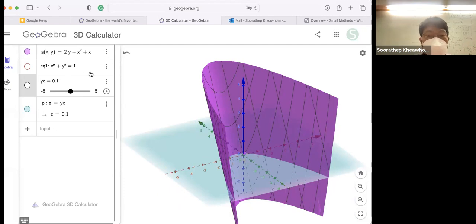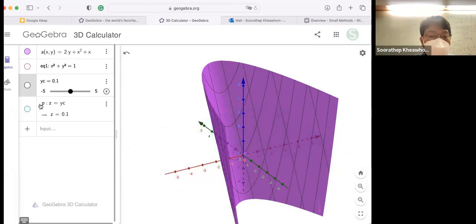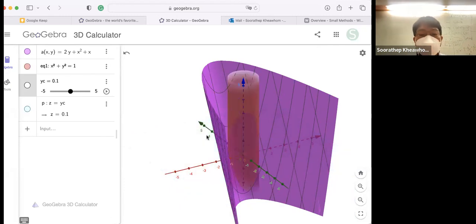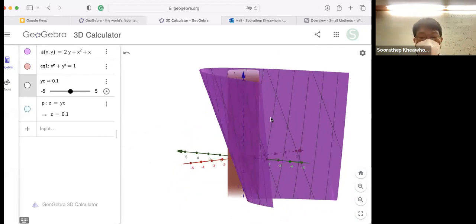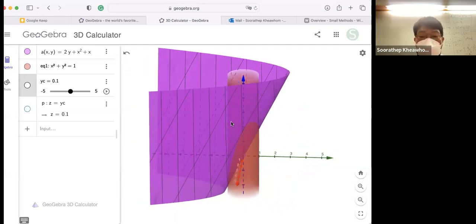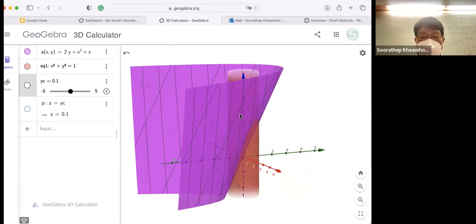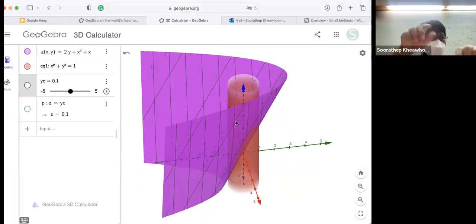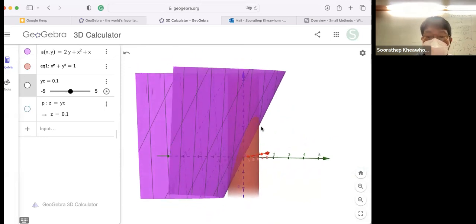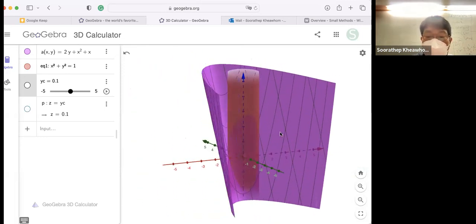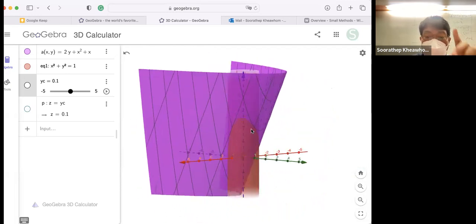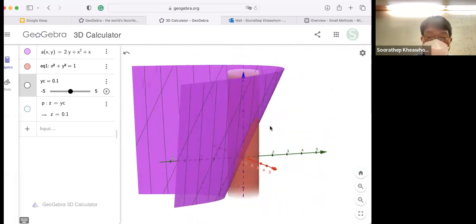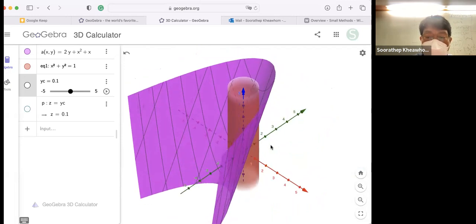Okay, so now I remove this plane out first, and consider the constraint. What about the constraint? Our constraint is actually a circle in two dimensions. But for three dimensions, our problem has the objective function value as the third axis, right?